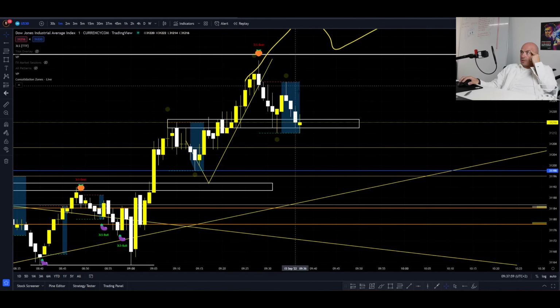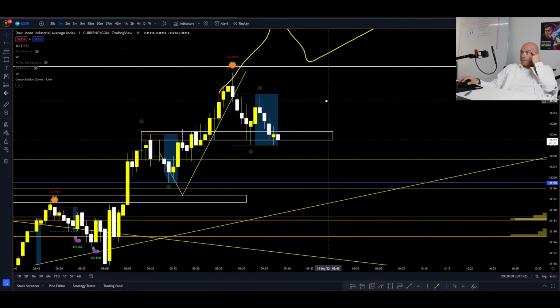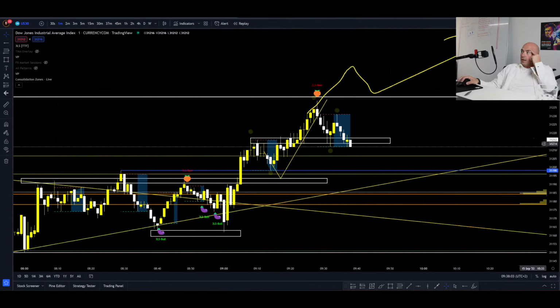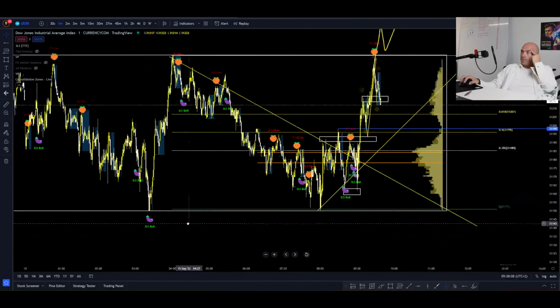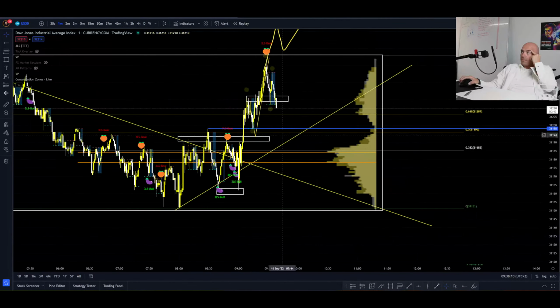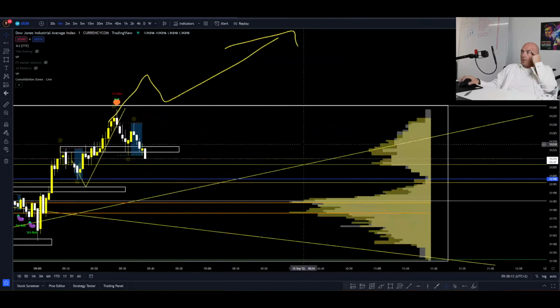So now we're still just trading in this zone, and overall in the area of consolidation that I marked up many hours ago.